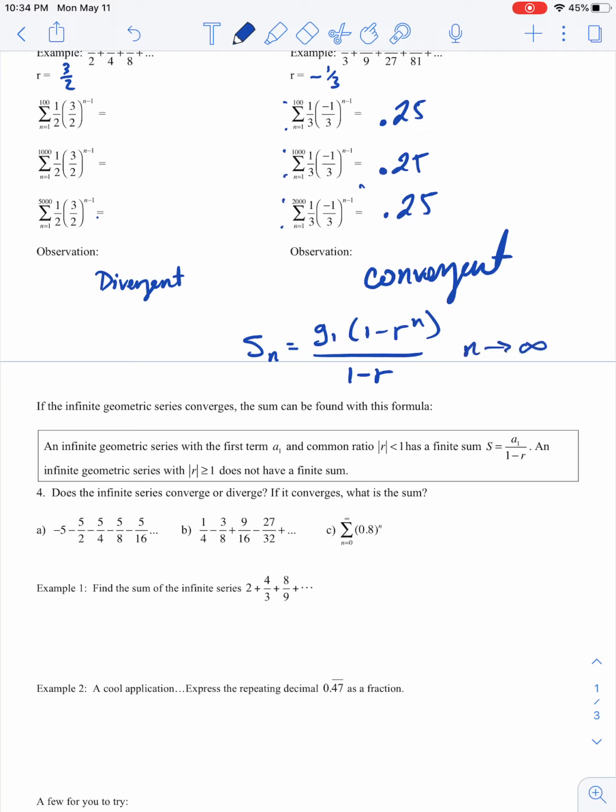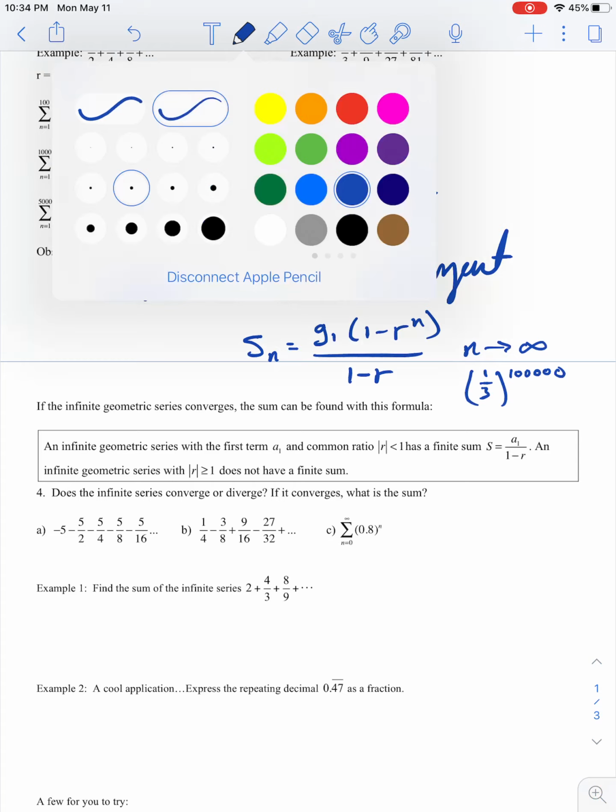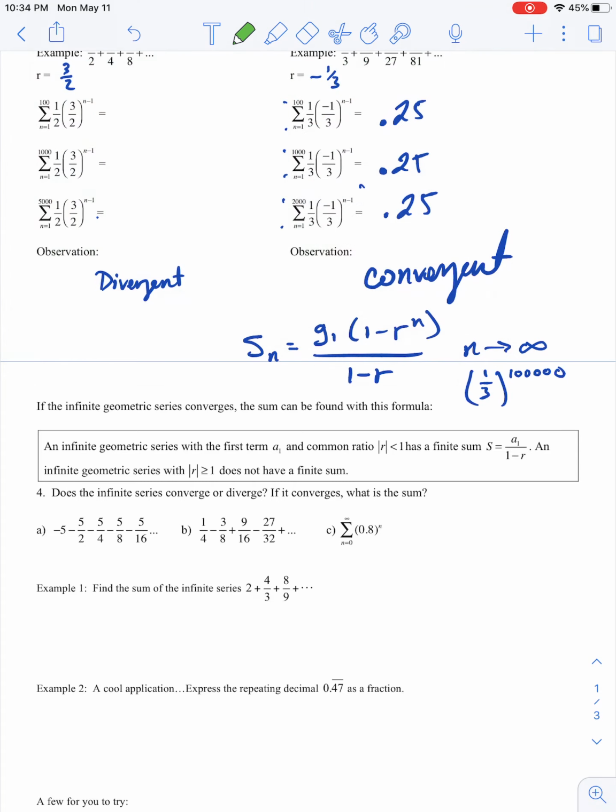As n gets really, really big, if I take something like 1/3 and I raise it to some gargantuan number, then the value that I get is really, really tiny. And so this part goes away.